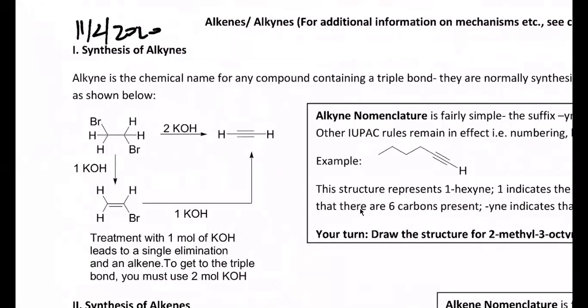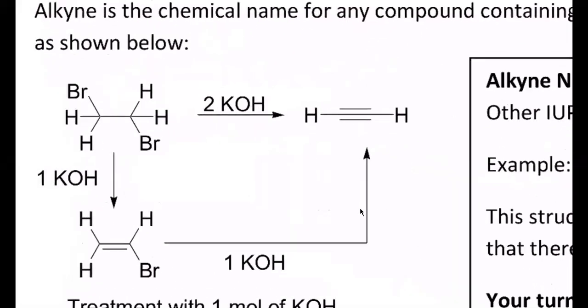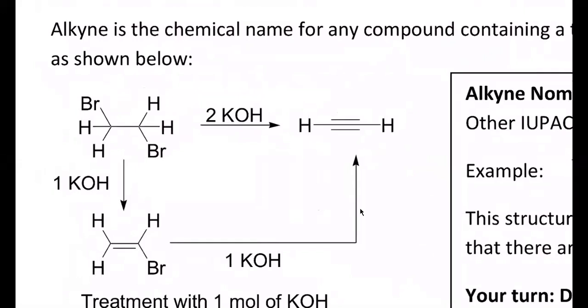And in order to make alkynes, it's basically a double elimination, right? So you can see right here, if I start with an alkyl dihalide and I treat it with 2 moles of potassium hydroxide, that'll actually give me an alkyne.